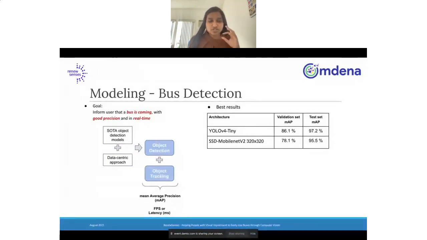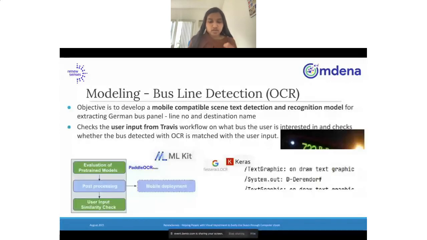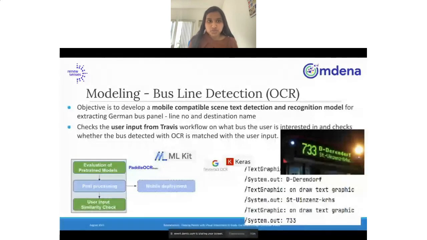We used a combination of object detection and object tracking so that we ensure that the bus is coming and it's not already exiting. We used the YOLO v4 tiny model, and the architecture we also implemented was SSD MobileNet v2 because we wanted to embed it in a mobile system. That's how visually challenged people use it.